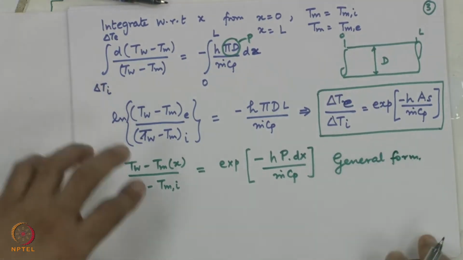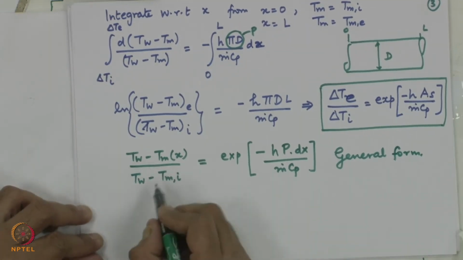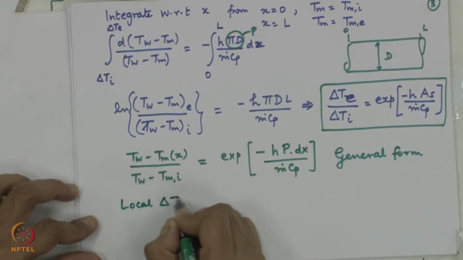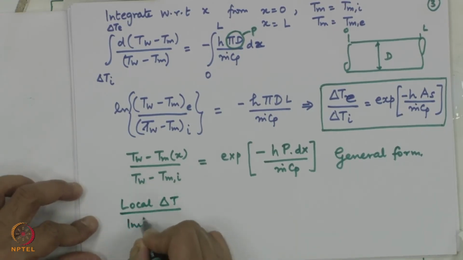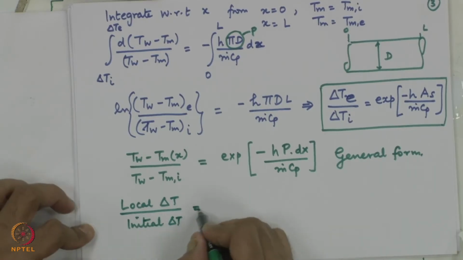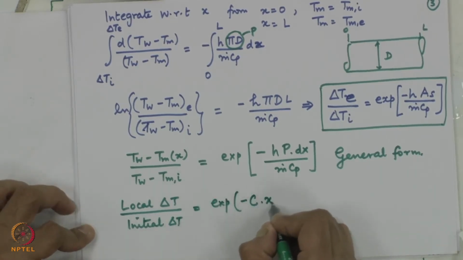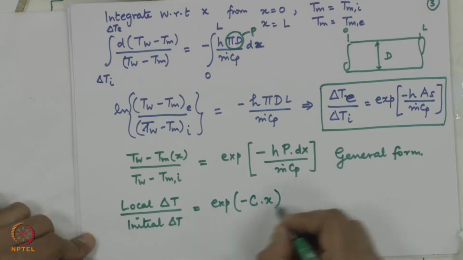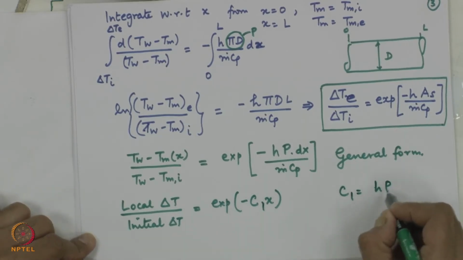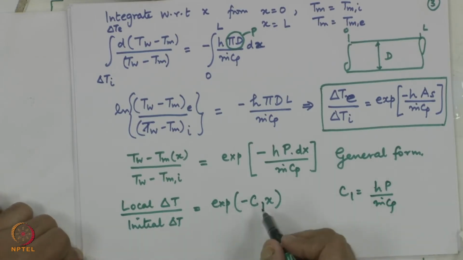What does this tell me? It tells me that the driving temperature difference, I can call it local delta T divided by initial delta T, is exponential of a constant times x, where the constant C1 is equal to hP by m dot Cp. Locally you can say h is a constant.